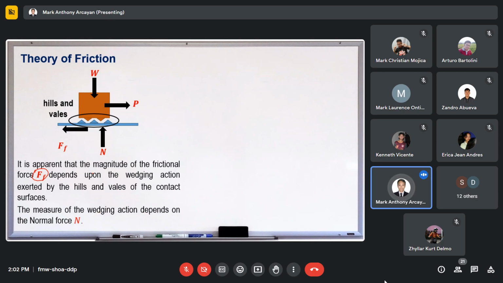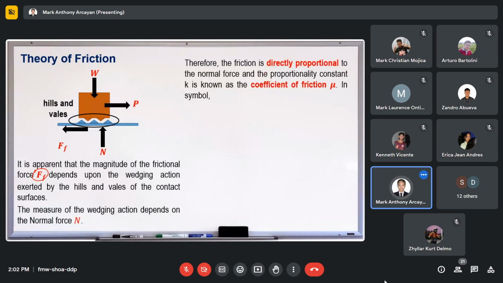And since we said earlier that the frictional force depends on this wedging action, we can conclude that the frictional force is directly proportional to the normal force N. This proportionality constant K is known as the coefficient of friction, mu.